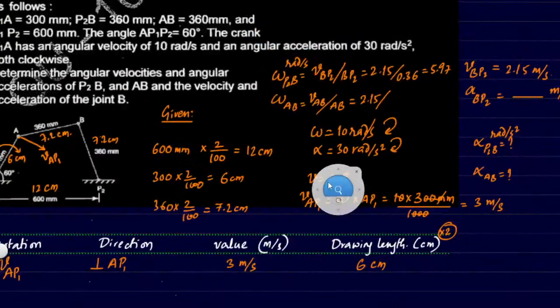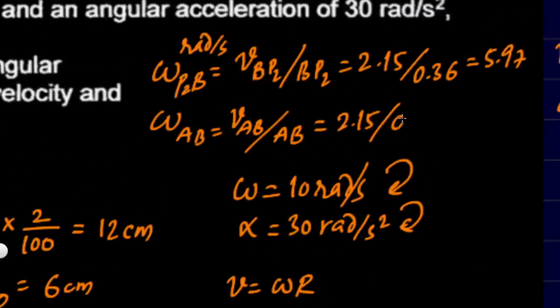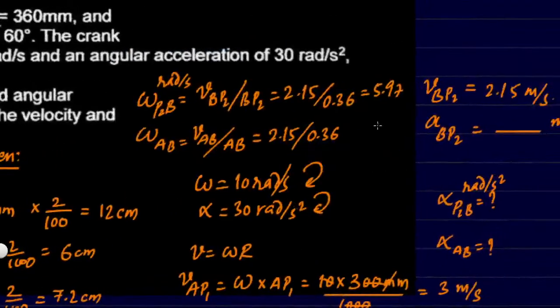Length AB is 360, which again we will have to take as 0.36. So this will again give us 5.97. So both the angular velocities are 5.97 radians per second.